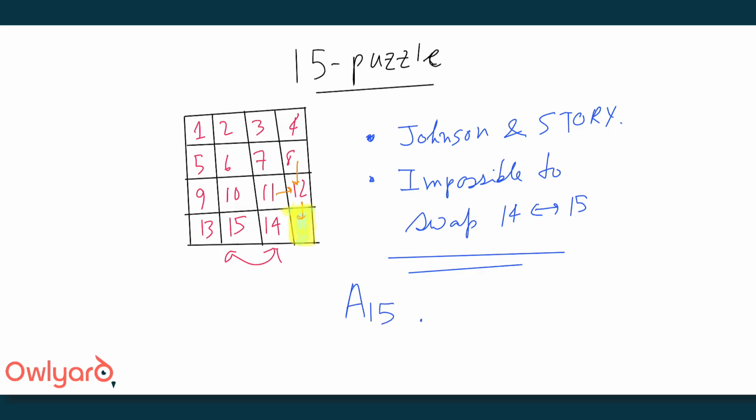You can actually show that for the 2k minus 1 puzzle, the moves fall in the category of A(2k minus 1), the alternating group of even permutations.